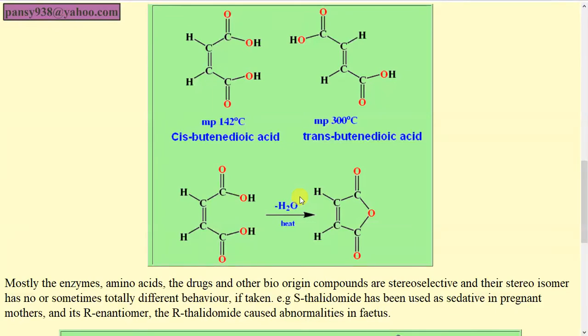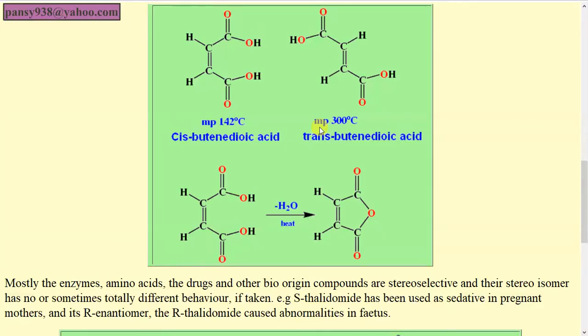Their physical characters are also different. For example, cis-butenedioic acid has a melting point of 142 degrees Celsius, while trans-butenedioic acid has a melting point of 300 degrees centigrade, which is quite a large difference.